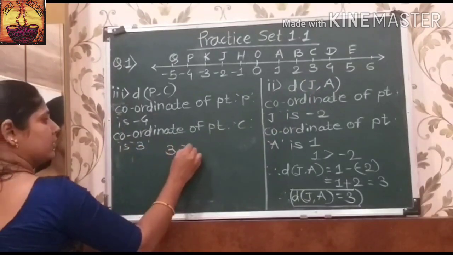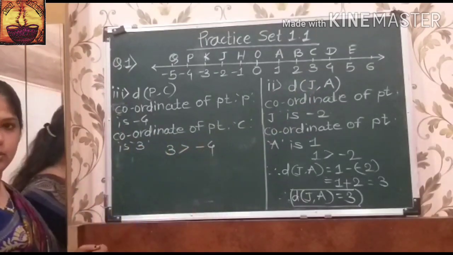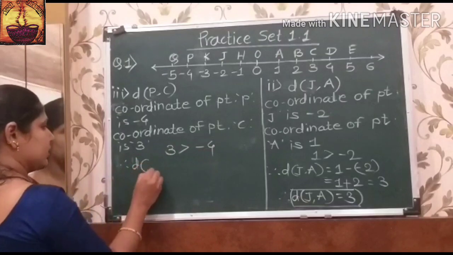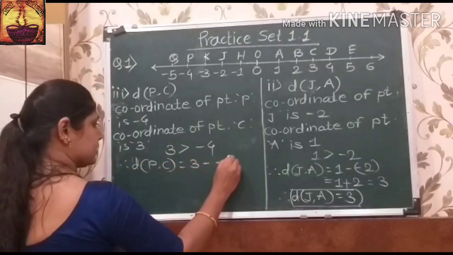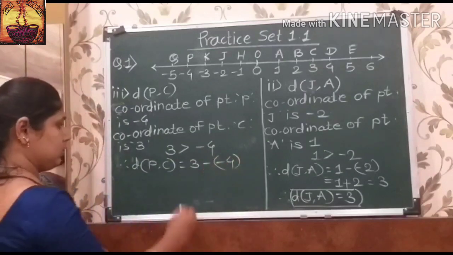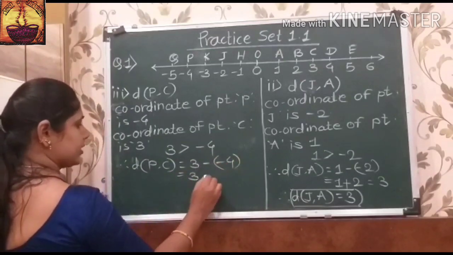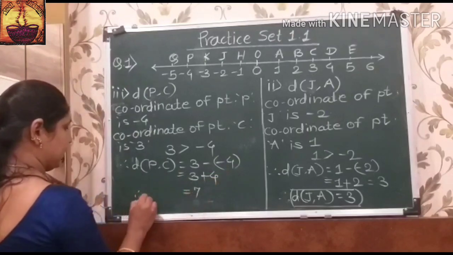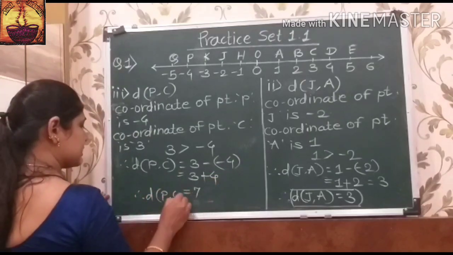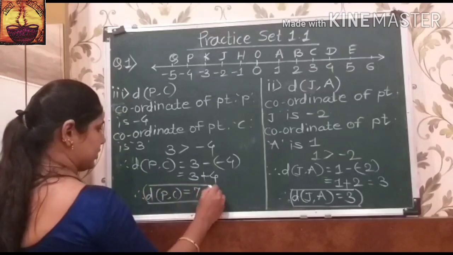We know that 3 is greater than minus 4. Therefore, distance PC is equal to 3 minus of minus 4. Minus minus becomes plus, so 3 plus 4 is equal to 7.